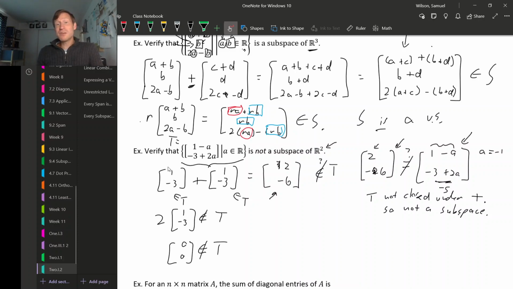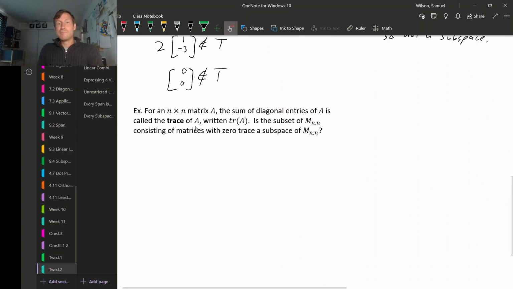Of course, we could have subspaces in any larger ambient space. It doesn't have to be Rn for some value of n. So for example, consider the space of n by n matrices. Consider all of the matrices whose sum of diagonal entries is equal to 0.